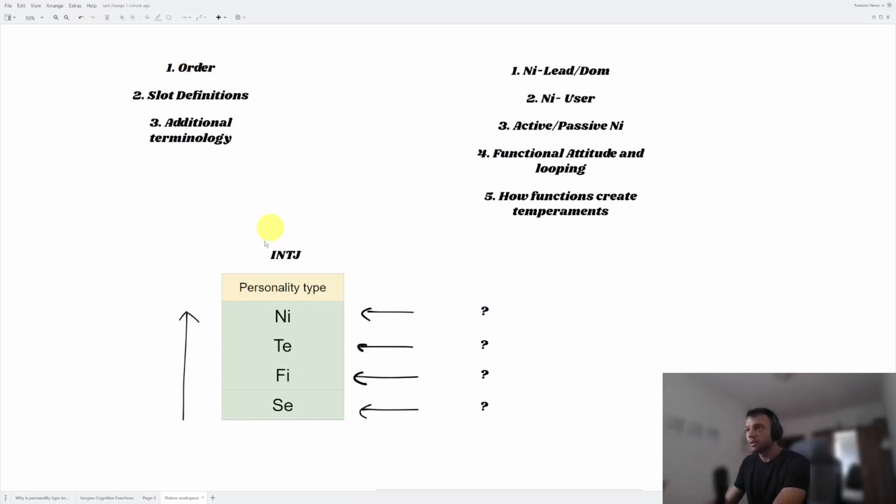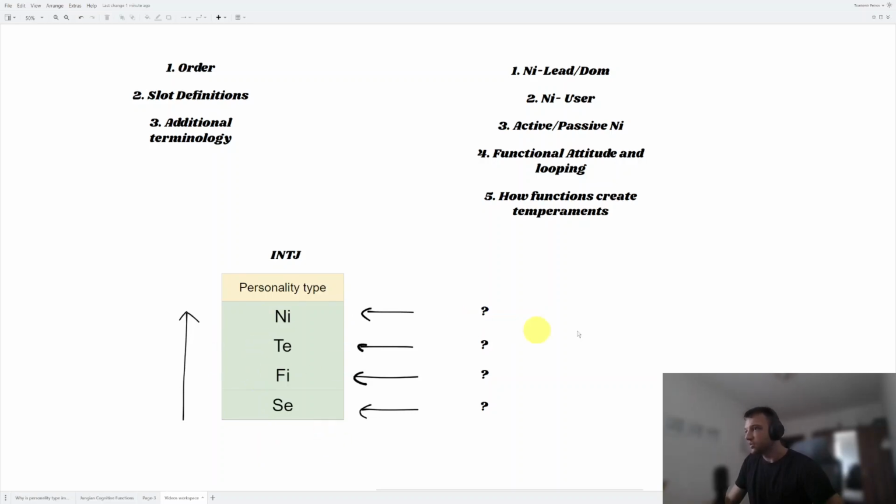The first thing that we need to notice about this is that it is ordered. We already talked about this in previous videos, but what this means is that each personality type has four functions in the stack. Here in the example, we have the INTJ, but each function is represented in your type with different strength, and the strength is ordered in an ascending way, where the last function, the fourth one, has the weakest strength, and the first function is the strongest one.